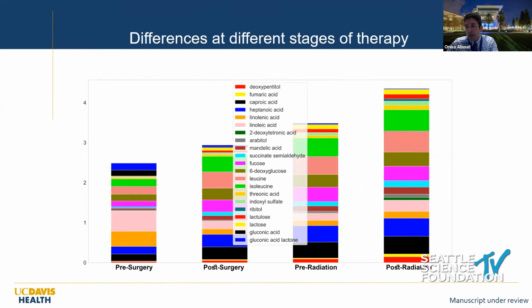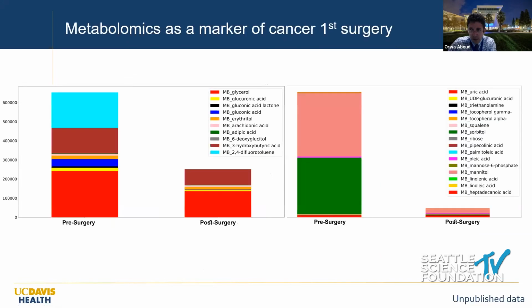This is a simplification of the metabolites that increased over time across different stages of treatment with longitudinal studies, looking at patterns of how things are changing and whether we can get collective information out of these scattered metabolites.